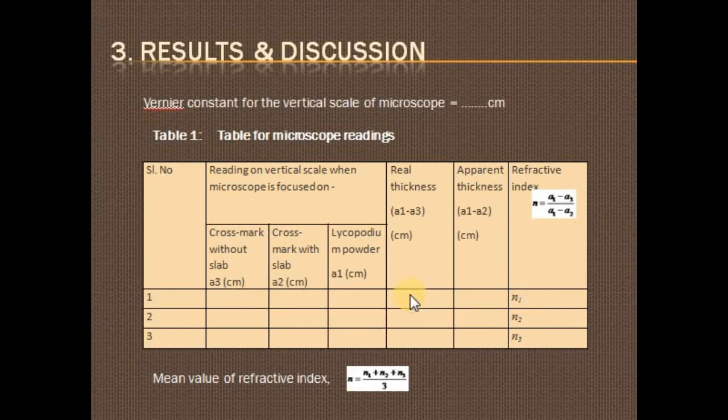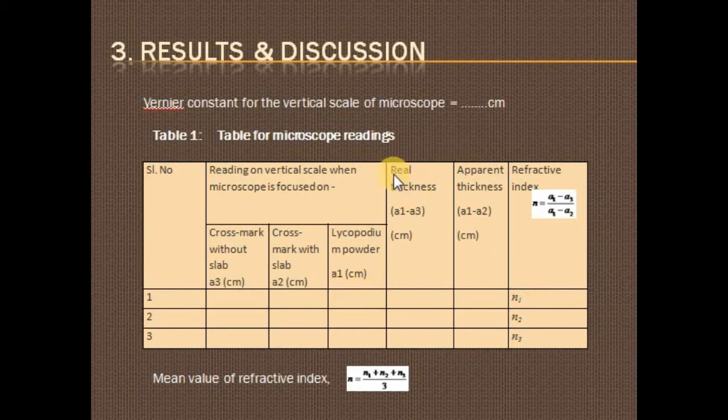Then after placing the glass slab, you have to again find the vernier and main scale reading. Then once you have placed the lycopodium powder on the upper surface of the glass slab, you write down the vernier as well as main scale reading here.